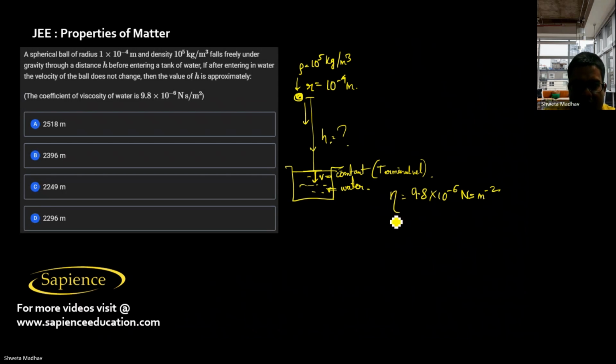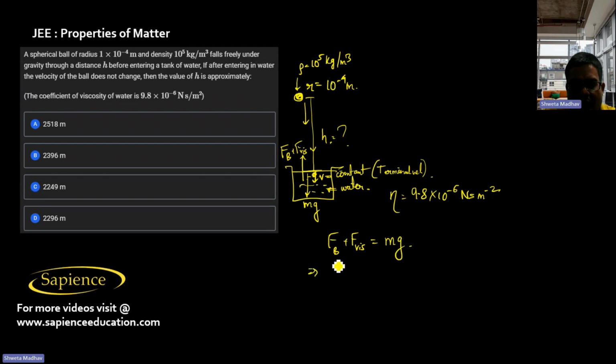Now, you know that if the velocity is constant, it means the downward force, that is the weight mg, should be equal and opposite to the upward force, which is the buoyant force and the viscous force. So the buoyant force plus the viscous force exerted on this spherical ball should be equal to its own weight mg.